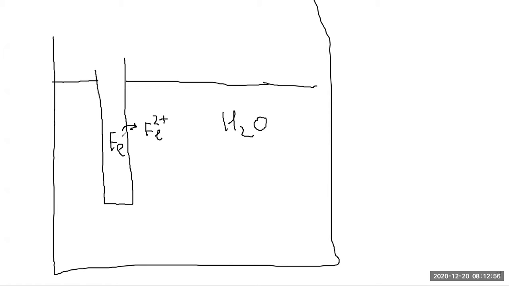That means after each iron ion leaves the piece of iron, the iron becomes negative, because two positive charges escaped from this piece, and the electrons stay there, and their charge is not compensated anymore by this iron ion.